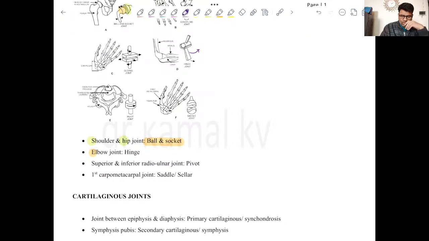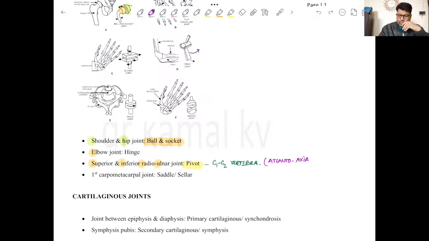Then third, superior and inferior radio-ulnar joint. Now these are examples of pivot joint. Another example of pivot joint is C1, C2 vertebra, which is atlanto-axial joint.